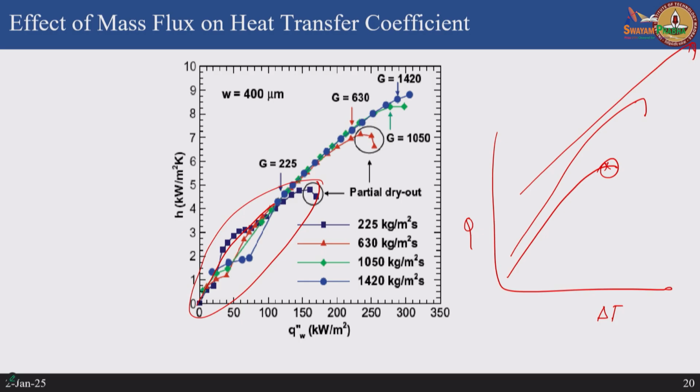So, I can increase my critical heat flux more substantially when I increase my mass flux. When I increase the mass flow rate of liquid, I can actually increase the critical heat flux. That is beneficial because I do not achieve film boiling very quickly if I have higher mass flux.